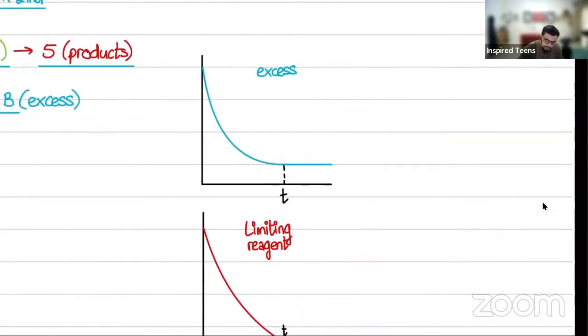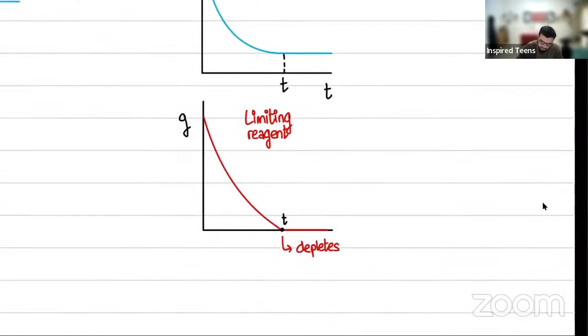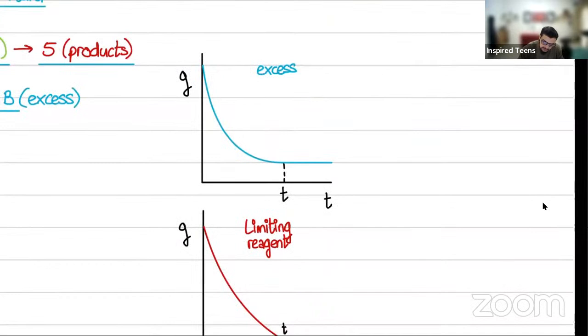So if this is a mass versus time graph, grams versus time, we can see that we start off with a certain amount of this reactant, and the reaction ends at t. We can even understand that the reaction ends because this plateaus, right? We don't use up any more of this.